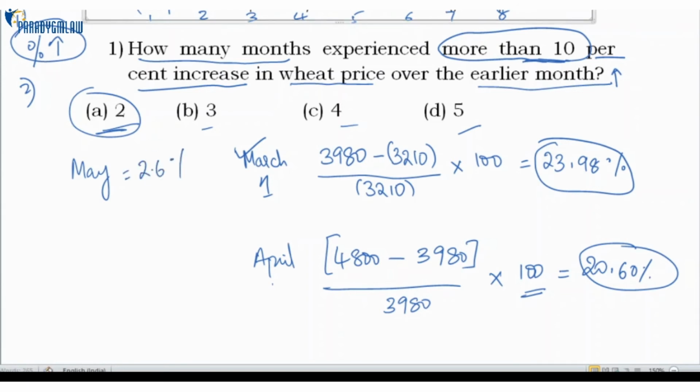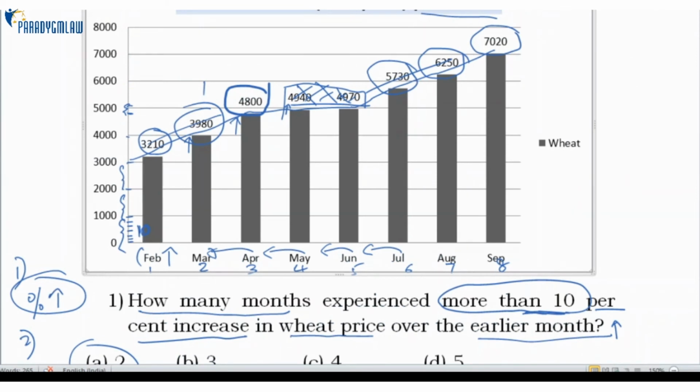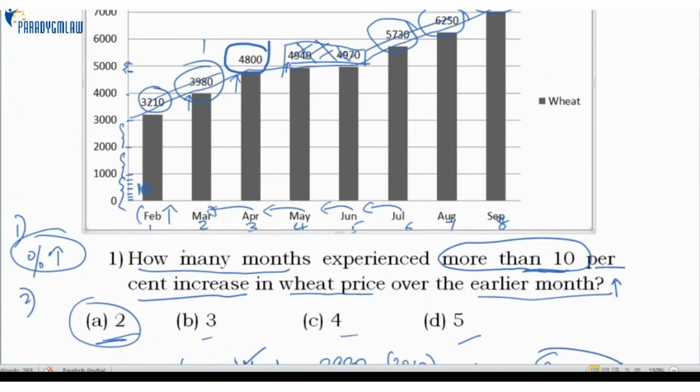It is around 2.6%, I think, and June is less than 1%. Now let's look at July, June. We have 5730 minus 4970 divided by 4970. So I would get around 15% in July.